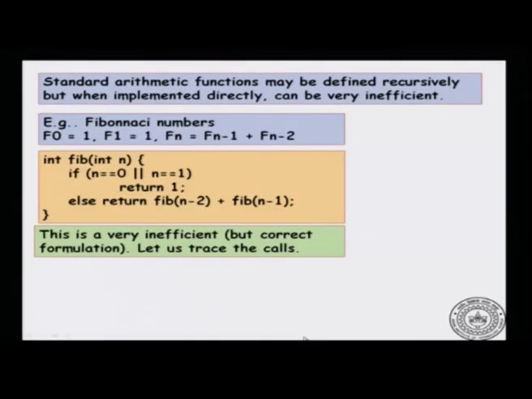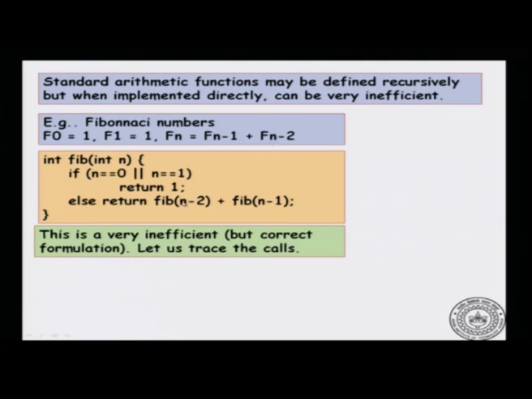Now, there are standard arithmetic functions also which can be defined in terms of two-way recursion. A very classic example is Fibonacci numbers. So, for example, they are defined as f0 equal to 1, f1 equal to 1, and for n greater than or equal to 2, they are defined as f n equal to f n minus 1 plus f n minus 2.